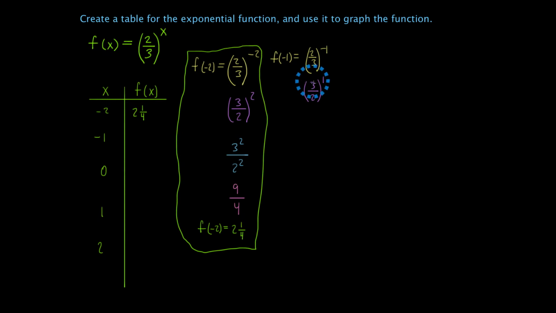So simply I have 3/2. 3 raised to the power of 1 is 3. 2 raised to the power of 1 is 2 still. So I'm just going to write that f of -1 is equal to 3/2, or simply 1 1/2. And I forgot to box that one up.